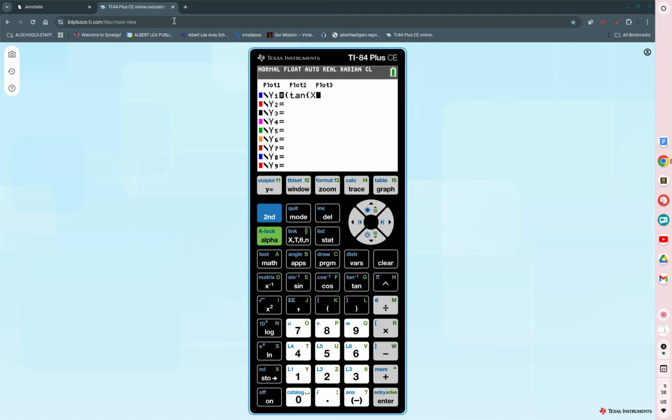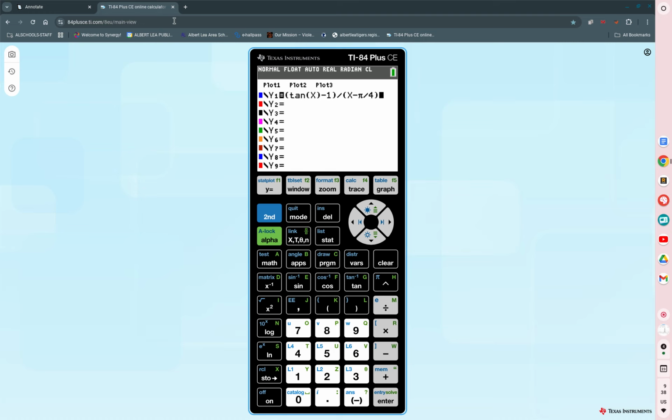Tangent of x minus 1 divided by x minus pi over 4. Let's make sure we've got that. Everybody okay with that?